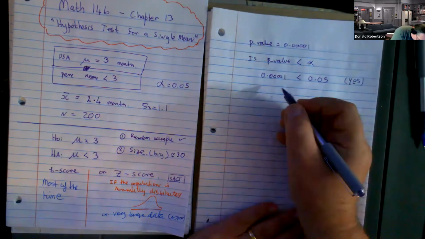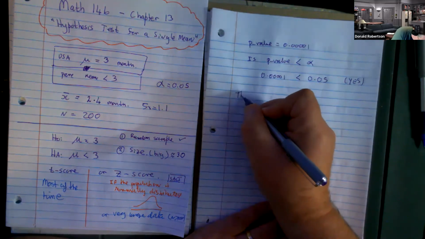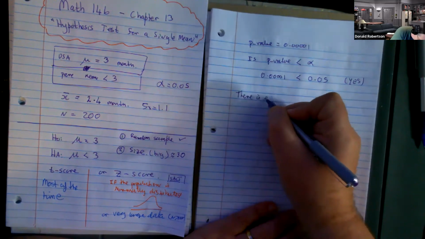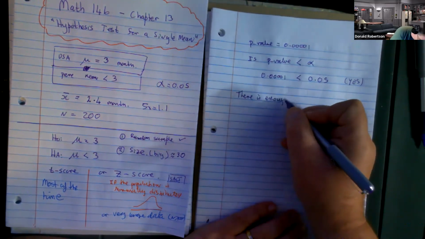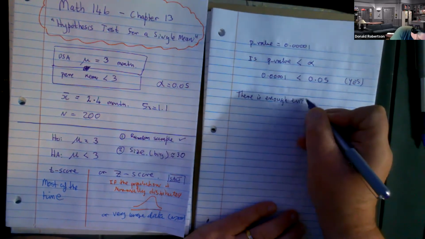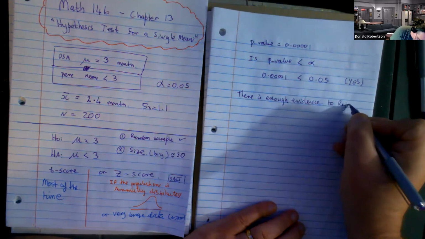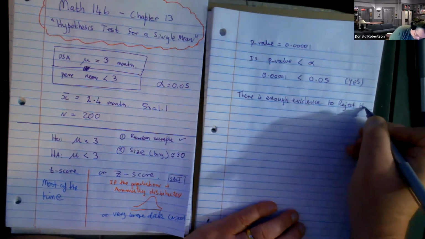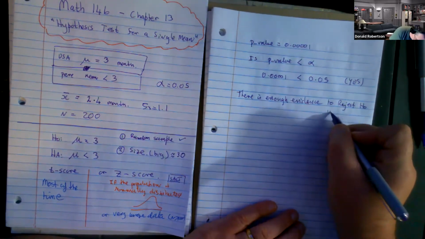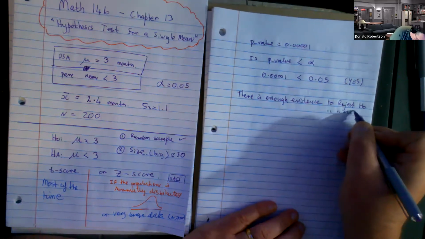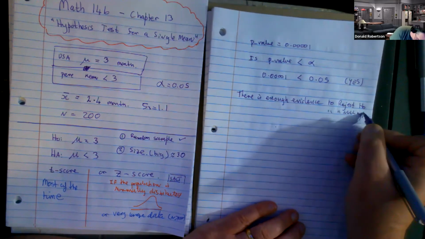And when you get that, you can say there is enough evidence to reject H naught, or to reject the null hypothesis.